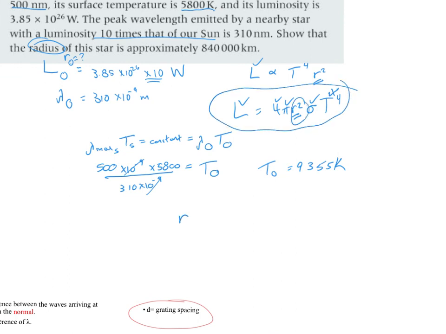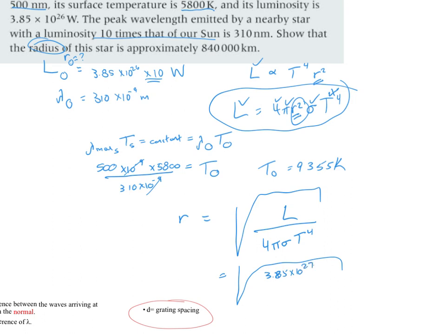And then you can use this equation, rearranged for R. So R is equal to the square root of luminosity divided by 4 pi sigma T to the 4. Then you simply put in the values: the luminosity of the new star, 3.85 times 10 to the 27, since it's times 10, divided by 4 pi, the sigma, which is 5.67 times 10 to the minus 8, times the temperature to the power of 4.